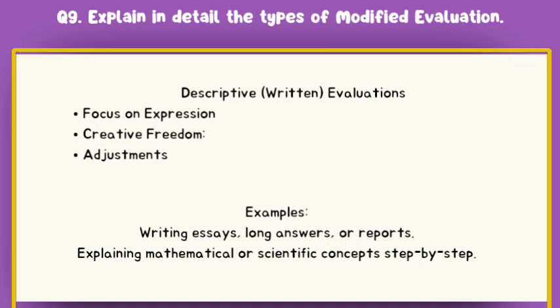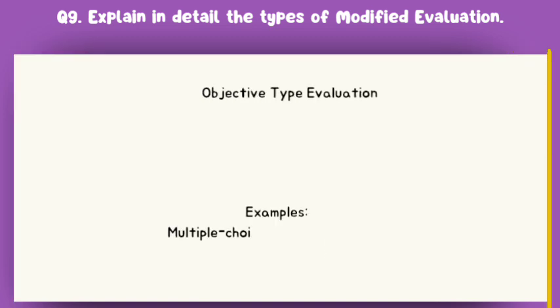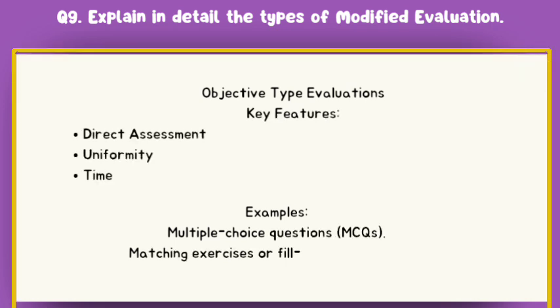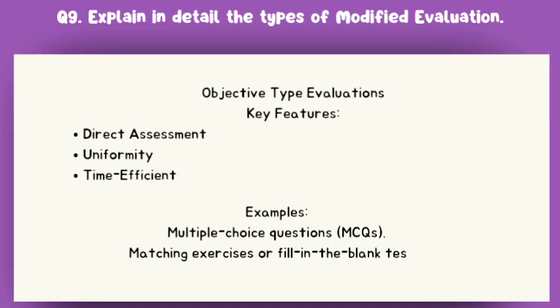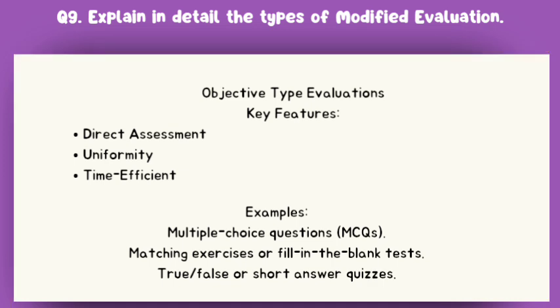The last one is objective type evaluation. Objective type evaluations consist of structured questions designed to assess specific knowledge and skills. Some common formats of objective type evaluations are multiple choice questions, true false questions, and fill in the blanks questions.